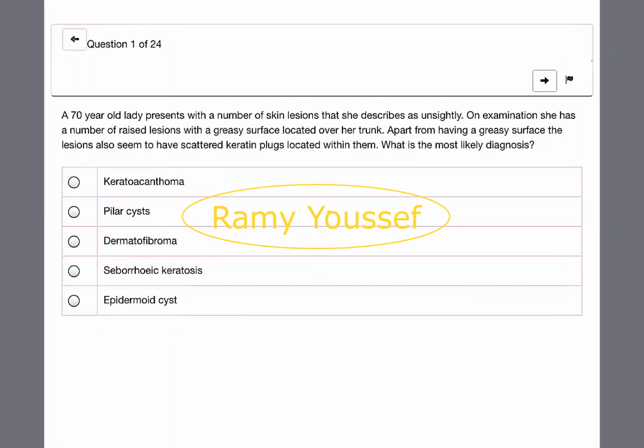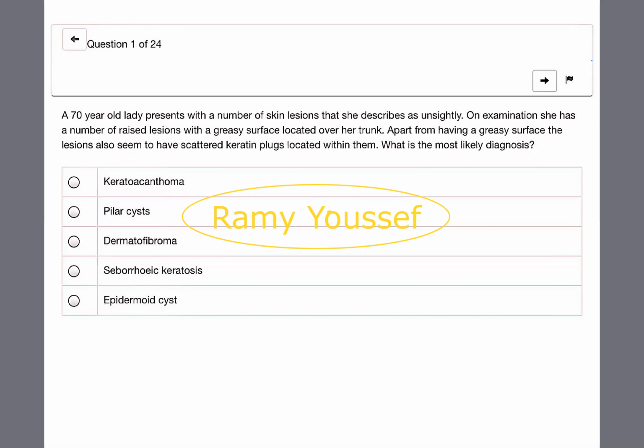A 70-year-old lady presented with a number of unsightly skin lesions. On examination, she has a number of raised lesions with a greasy surface located over the trunk. The lesions also seem to have scattered keratin plugs within them. What is the most likely diagnosis?